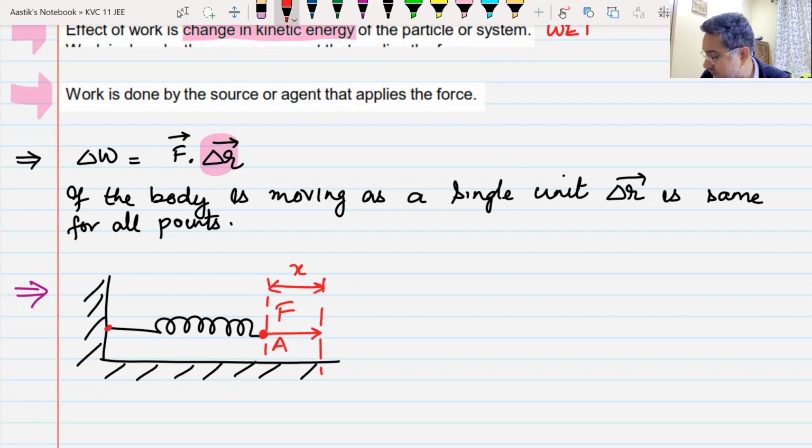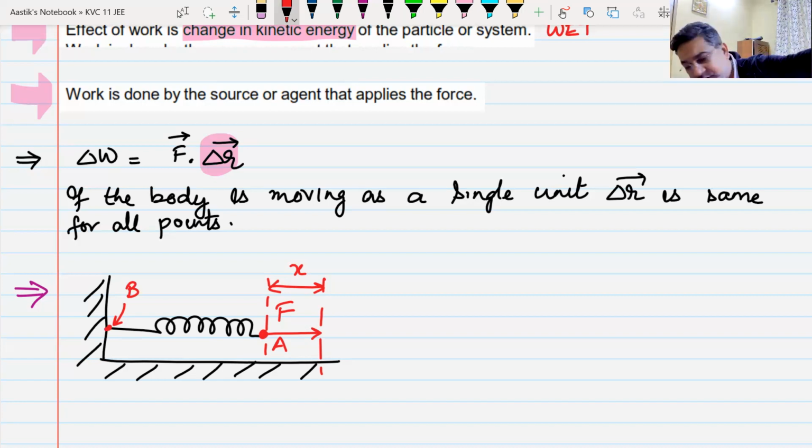But if I look at point B, what is the displacement of this point B? The displacement of point A where I've applied force is x because I moved that point by x.